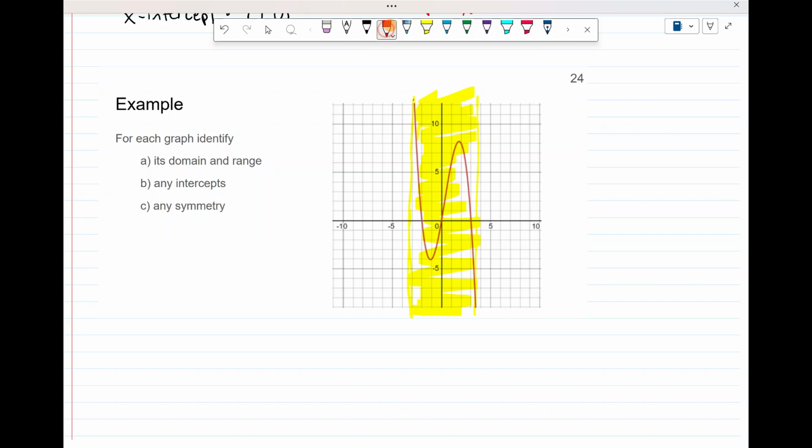But remember, this graph keeps going to infinity. And my x values, as the graph keeps going, it's going to get smaller and smaller x values. And as it keeps going in this direction, it'll get to bigger and bigger x values. Okay?